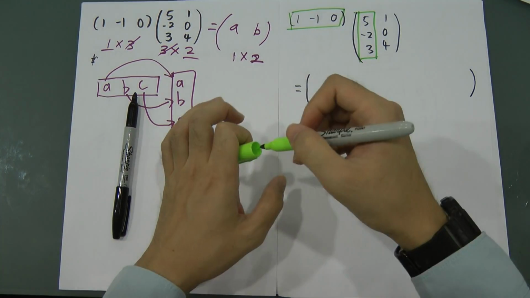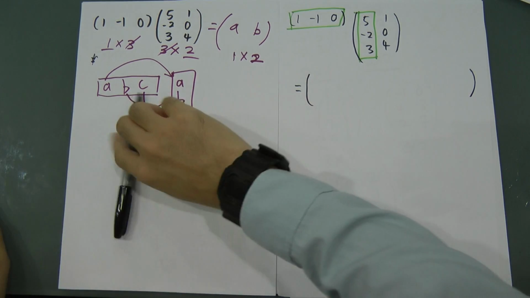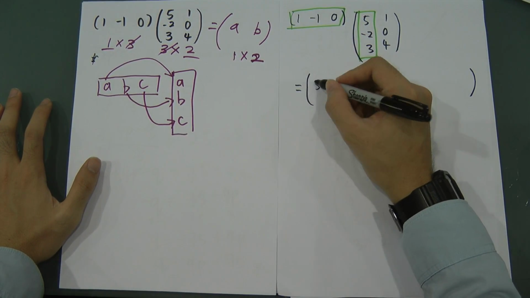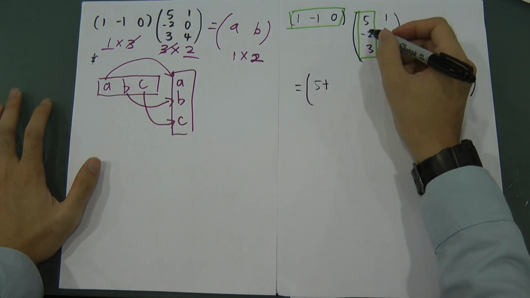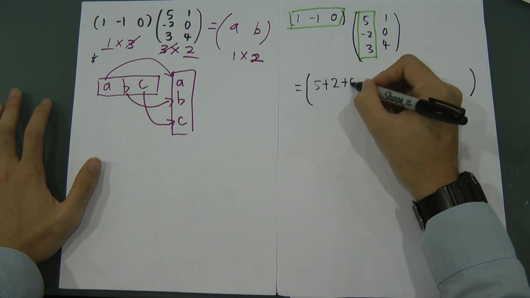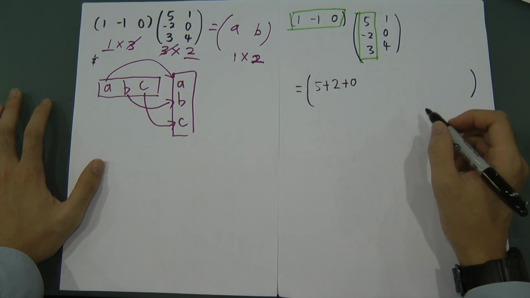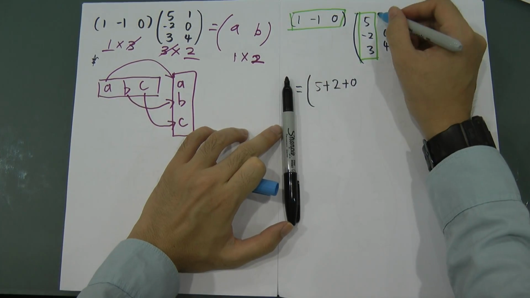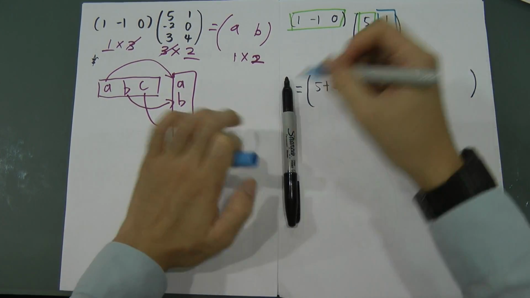Just make sure you don't confuse about this one. So very simple. 1 multiple 5, I got 5. Plus -1 multiple -2, I got 2. Plus 0 multiple 3, I got 0. First answer done.